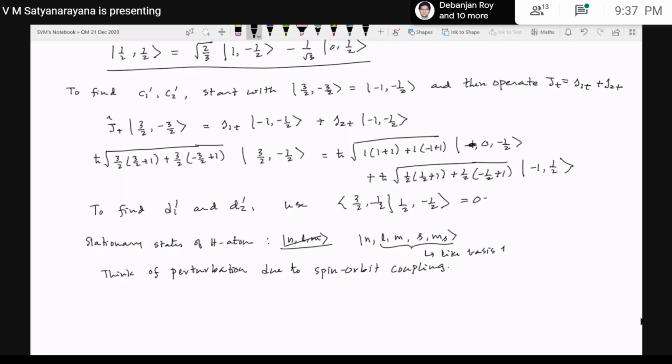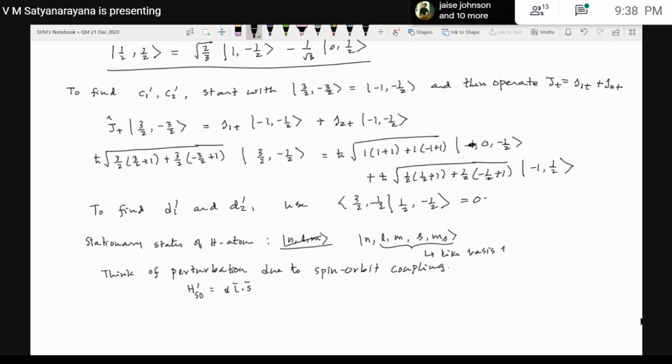So typically, the perturbation Hamiltonian corresponding to the spin orbit coupling will be some constant times L dot S. Okay, this is the spin orbit coupling Hamiltonian.